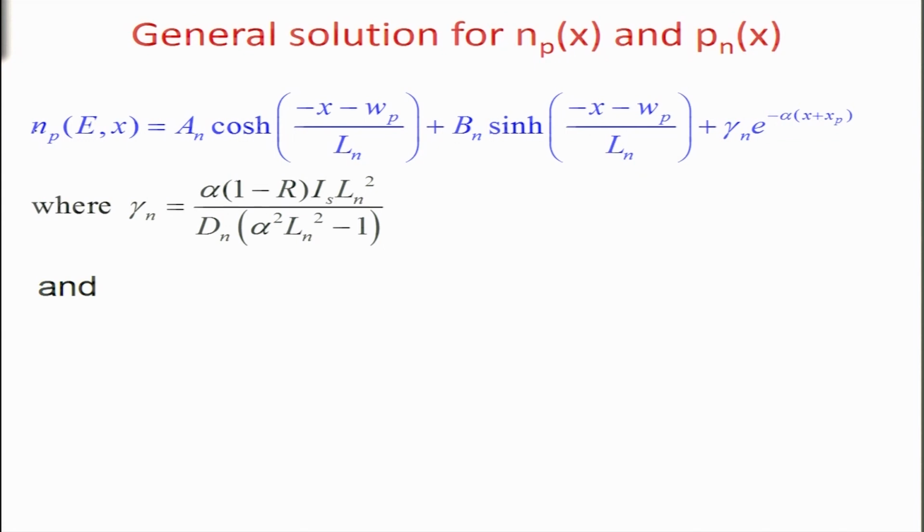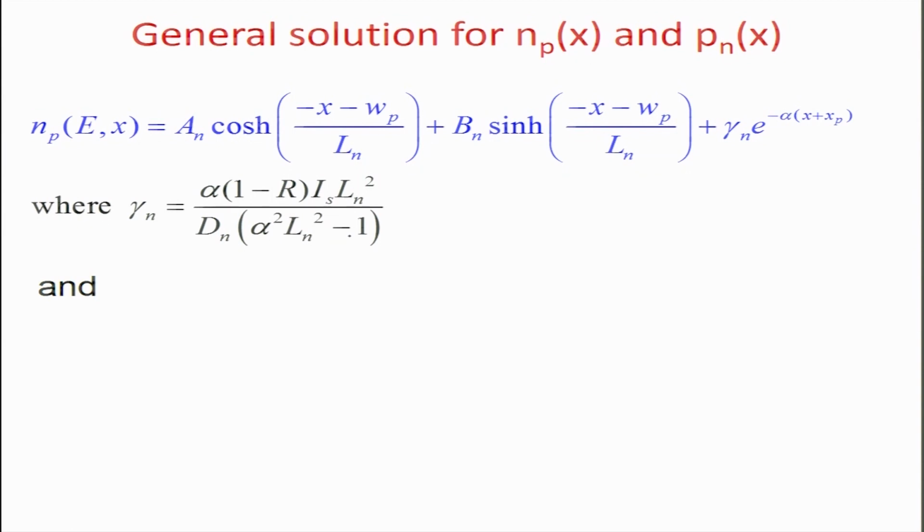Np(x), that is the minority carriers on the P side. So the electron concentration as a function of distance varies as An cosh of minus (x minus Wp) divided by Ln, plus Bn sinh of minus (x minus Wp) by Ln, plus gamma n exponential of minus alpha into (x plus xp), where this term gamma n is alpha into (1 minus R) in Ln square divided by Dn into (alpha square Ln square minus 1).